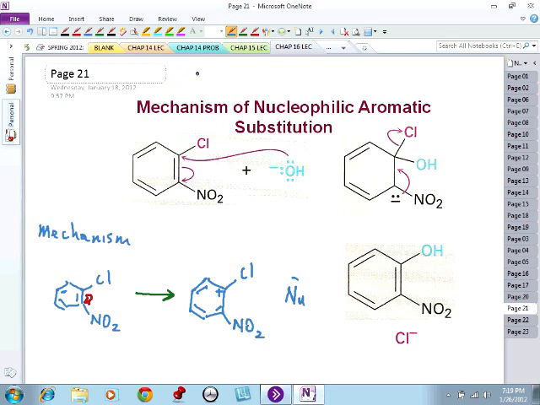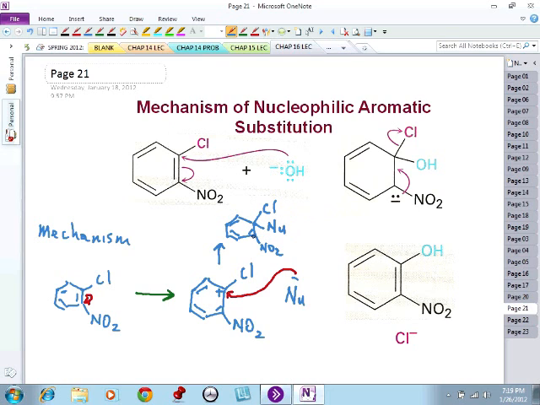The nucleophile comes in, attacks this carbocation that is formed, and of course you form this. The nucleophile is here. Keep in mind, this is the negatively charged.